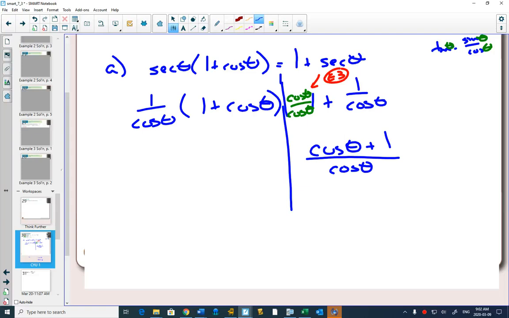Okay, so on the right-hand side, or the left-hand side, I'm multiplying. Can you see that this is all over 1? How do you multiply fractions? Multiply the tops. 1 times this, that'll be cos theta plus 1 over cos theta times 1, cos theta.